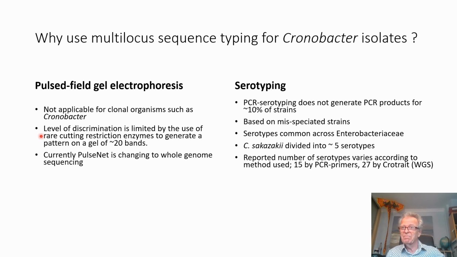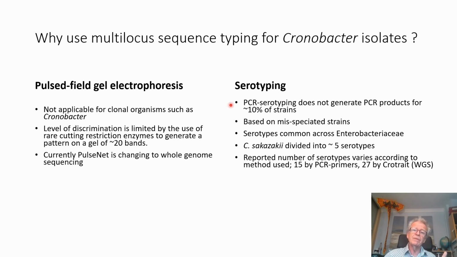That's it. If it was designed for 200 bands, it would be great discrimination. But the human eye couldn't differentiate 200 odd bands on the gel, so it was settled on about 20. So there's your limitation. And that's why PulseNet, i.e.